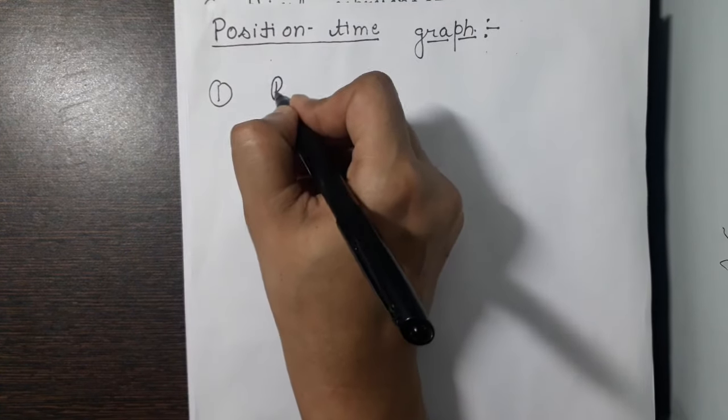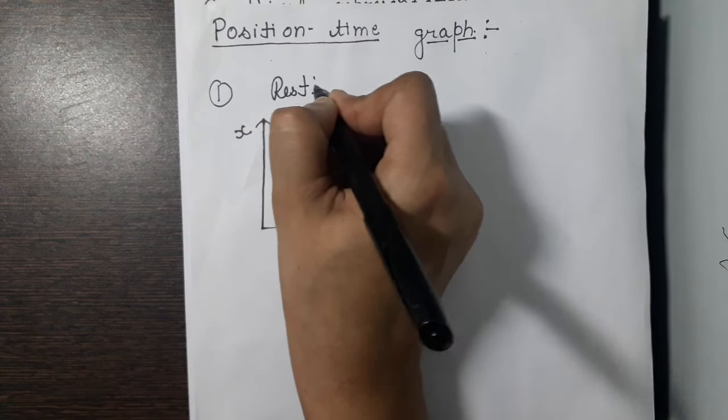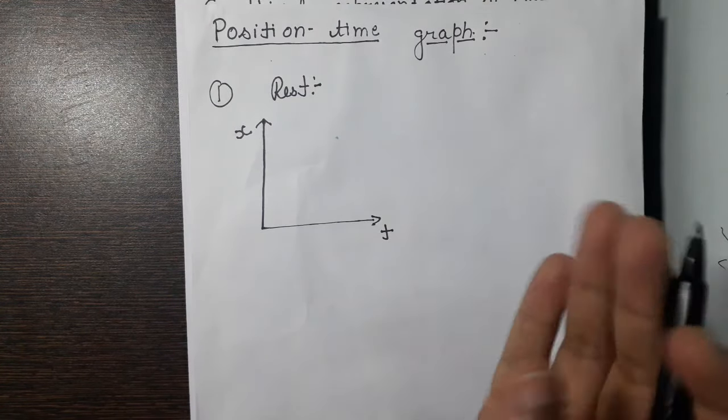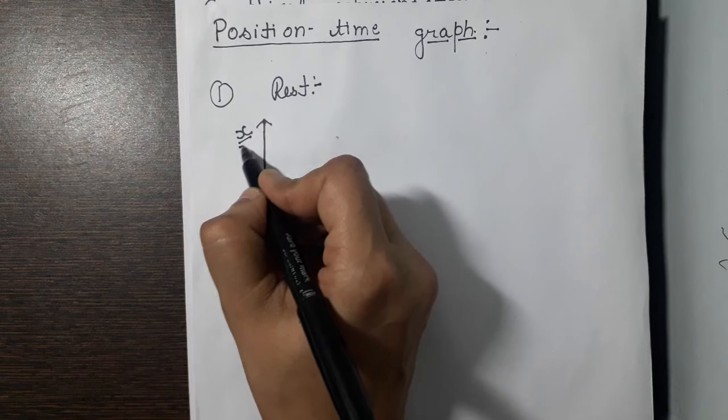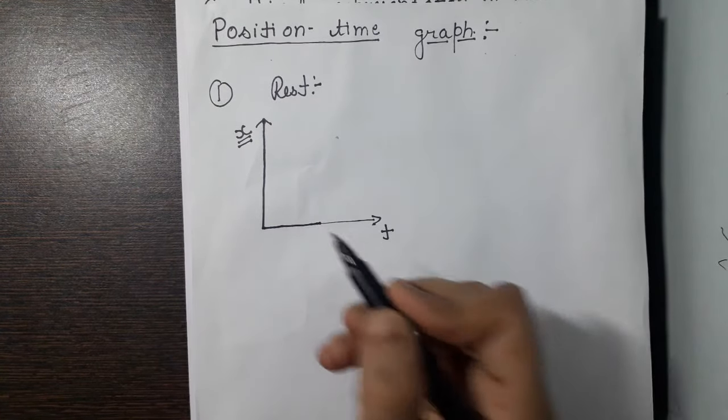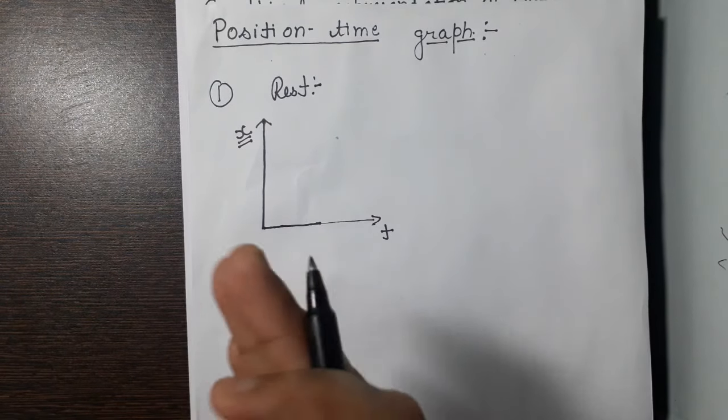So this is the graph of rest when body is at rest. Here we have discussed that position will not change, that x will be constant. So time will be changing but position will not be changing.